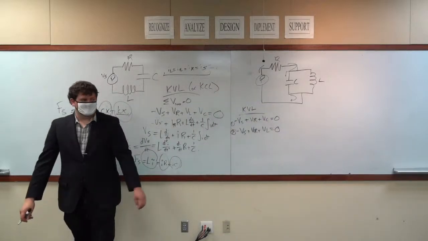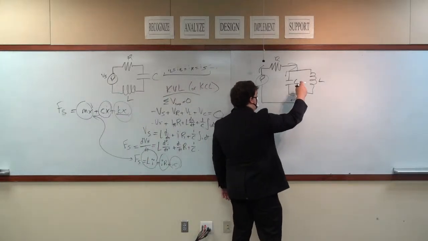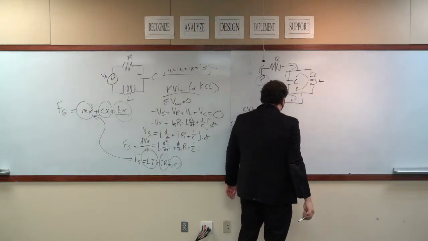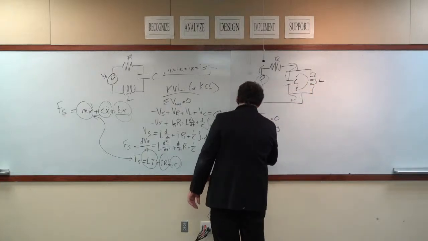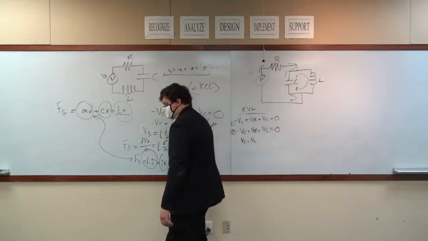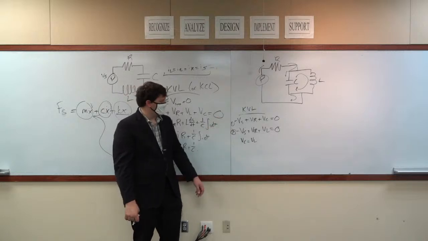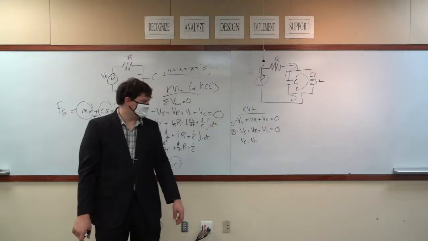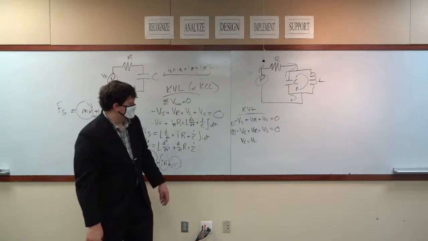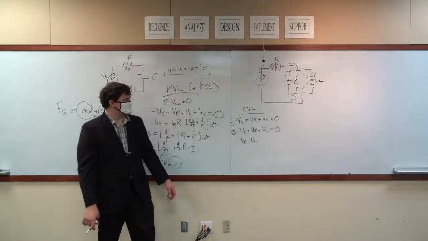And here, if you really want to consider this a third loop, which technically you can just call a loop, then what you find is that Vc is equal to Vl. But you could get that by combining these two equations, if you really want to. So Vc equals Vl, and then we have these equations.